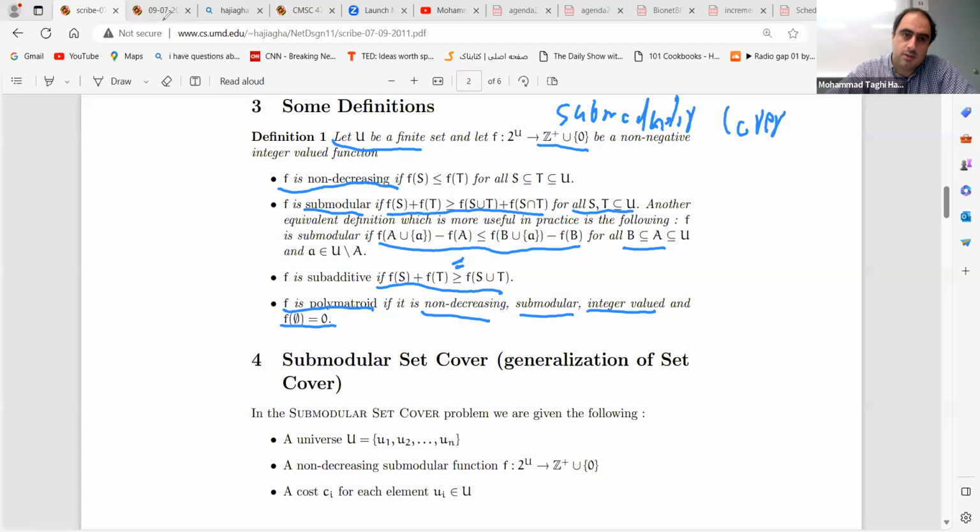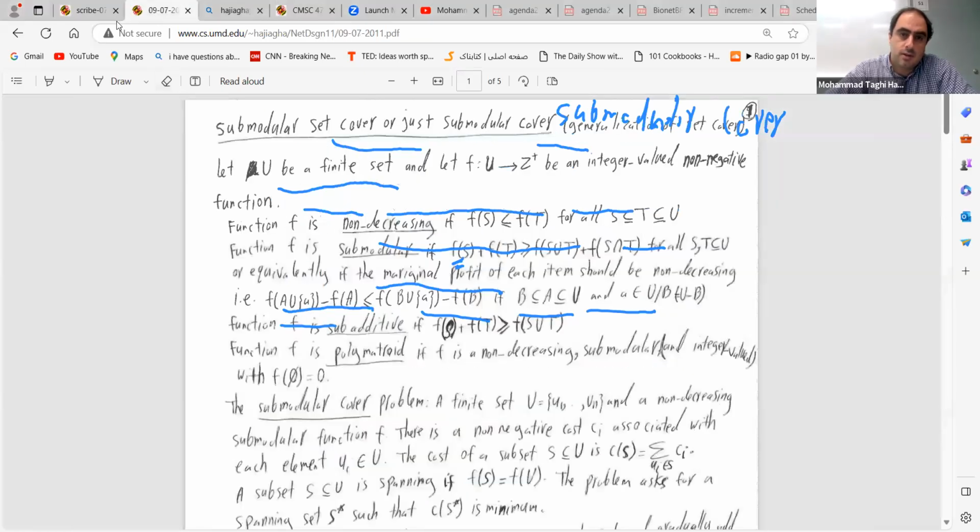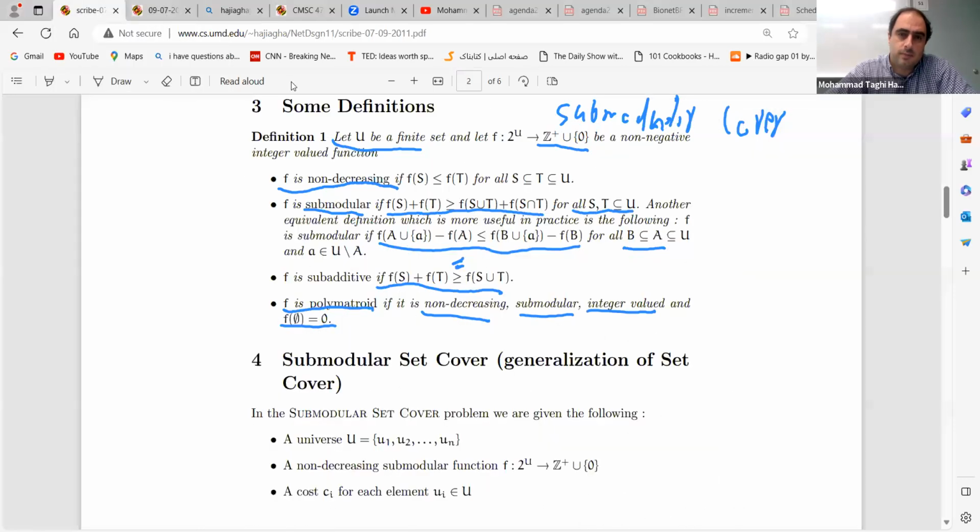And let me just check one thing I wanted to see. Yes. So this is the definition of submodular.